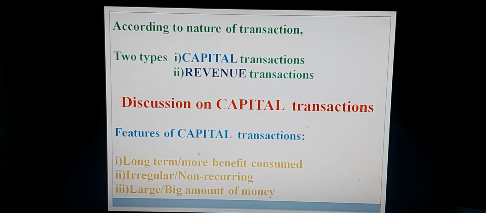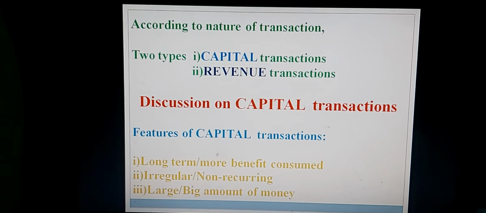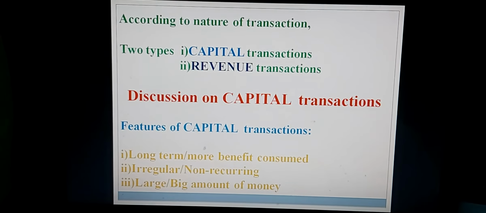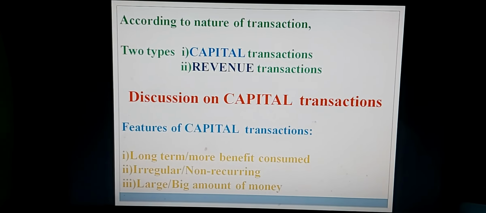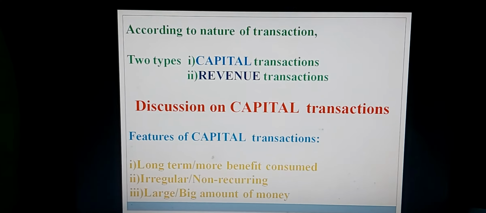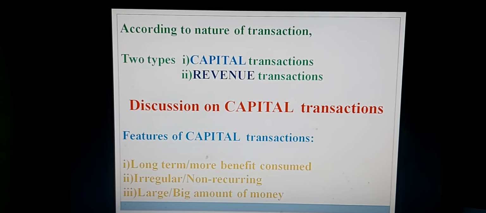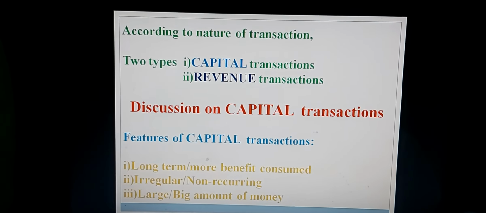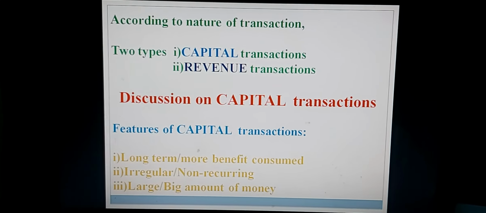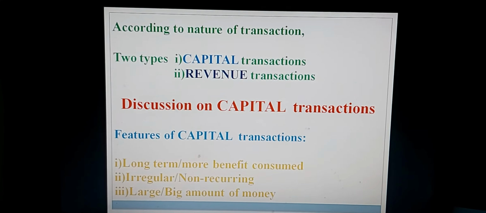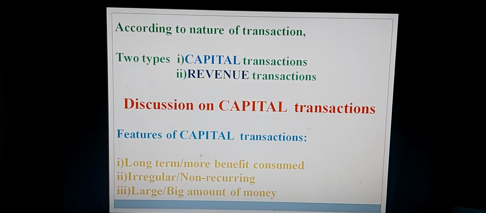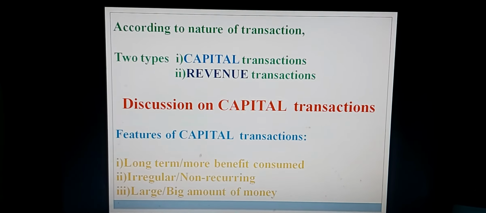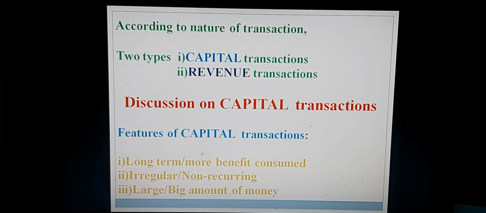Second one, statement of owner's equity. And third one, statement of financial position, which is related to the balance sheet. From the comprehensive income, we come to know the amount of profit or loss. From the owner's equity statement, the amount of owner's interest in the business, and from the statement of financial position, we will be able to know about the assets and liabilities of the business.